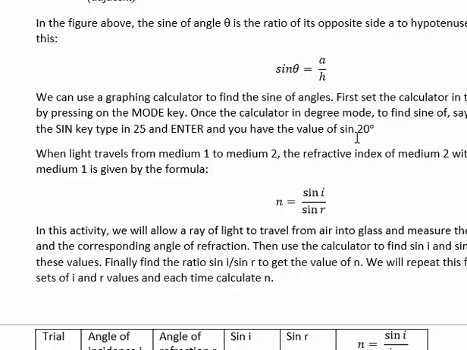For example, if you want to find sine of 20 degrees, press sin on the calculator, type in 20 and enter, and you will get 0.34. In other words, sine of 20 degrees is 0.34. That's all you need to know. So use a calculator to find the sine of an angle.